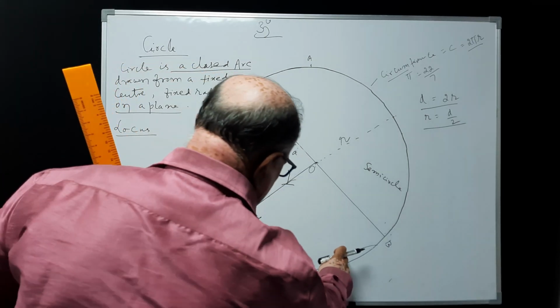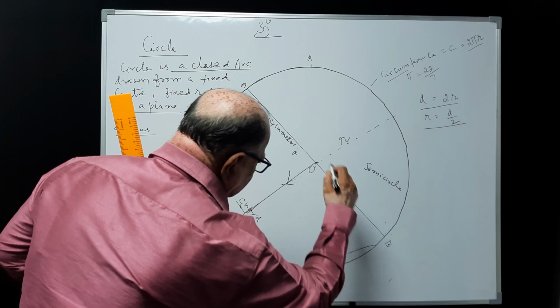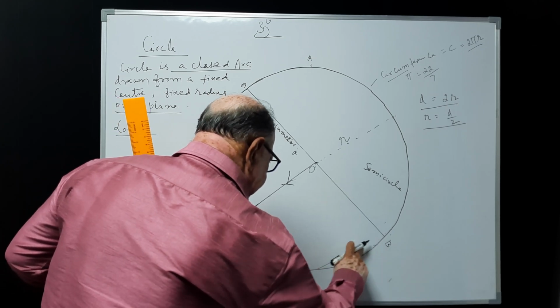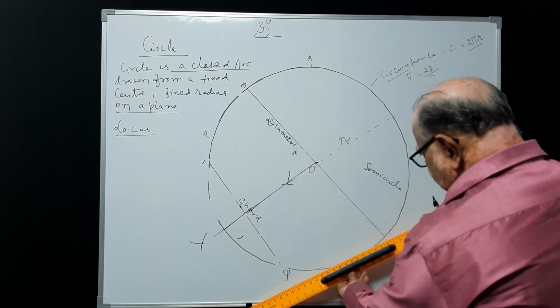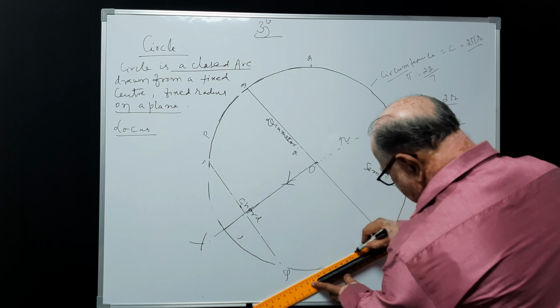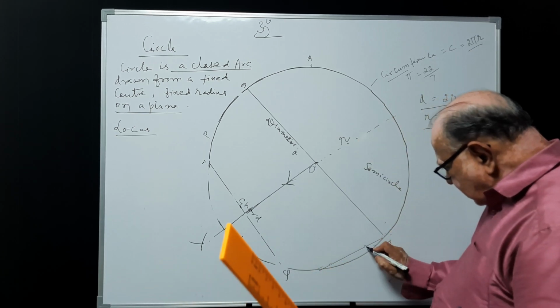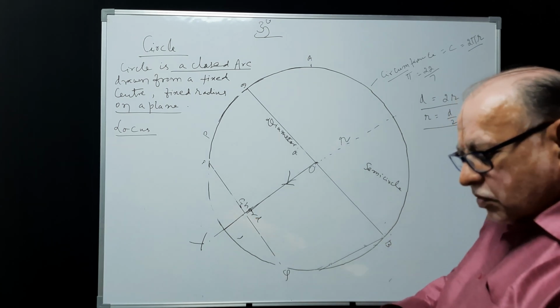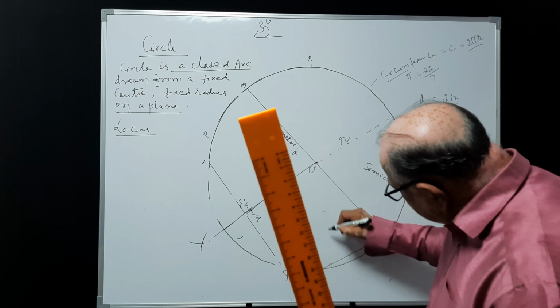Suppose you draw the bisector of this chord also, you can see that it also passes through the center of the circle. Draw another chord like this, anywhere, and draw the bisector of this chord. The bisector of this chord will also pass through like this.